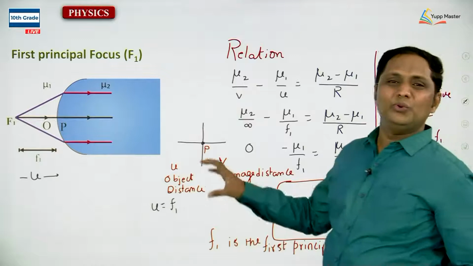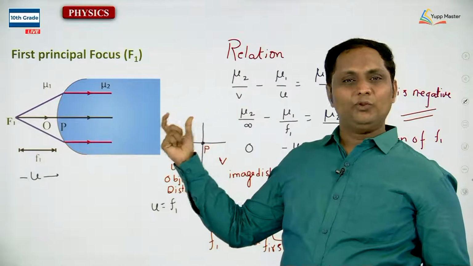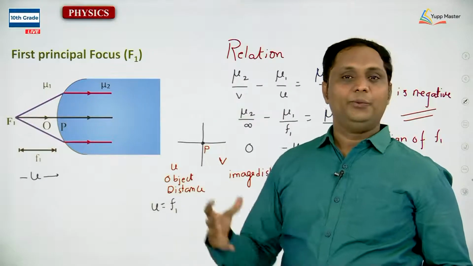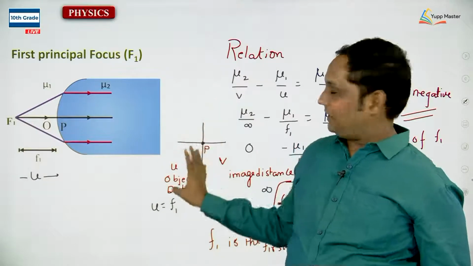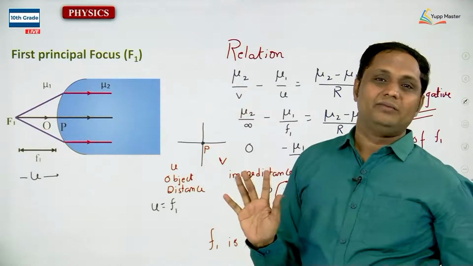So you are going to get that the position of object and the position of image can be estimated from the nature of the refracted light rays. It is very clear.